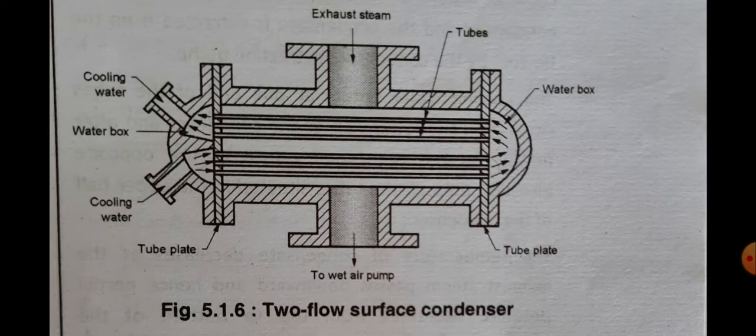Third, there should be no leakage of air into the condenser. Fourth, the water must pass through the tube and steam surround the tube. Fifth, the temperature rise of cooling water should not be more than 10 degrees Celsius for better efficiency.